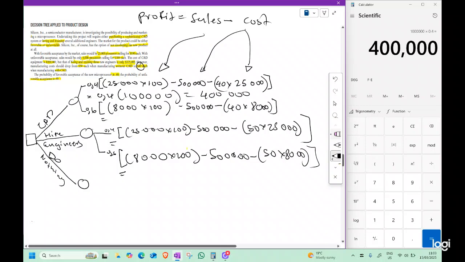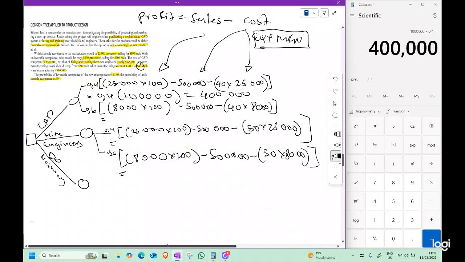The costs incorporate your equipment cost plus your manufacturing cost. So those two are your cost. Then they help you to get your profit. Basically, there we are maximizing profit, so we're not minimizing cost.